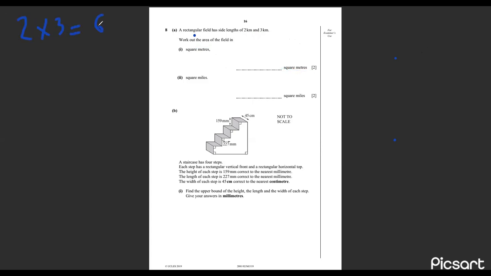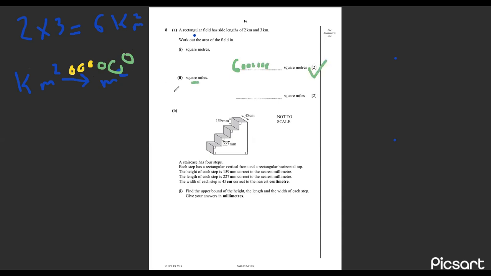We have to change squared kilometers to squared meters by doubling the zeros, because in the normal way from kilometer to meter we just add 3 zeros. But when we square, we have to double the zeros, and instead of 3 it must be 6 zeros.